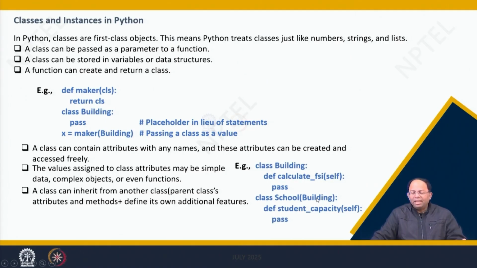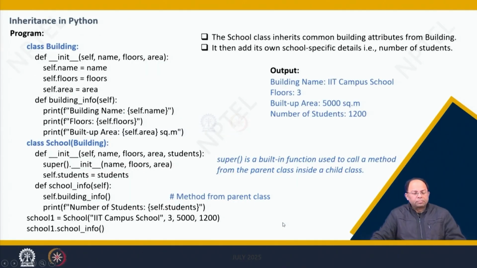That means we are inheriting that class, and then we can add def studentCapacity, a new function for that particular class, school, and it will automatically have the capabilities of the initial class, which is building. So def calculateFSI can also be called from this class. So let's see an example.